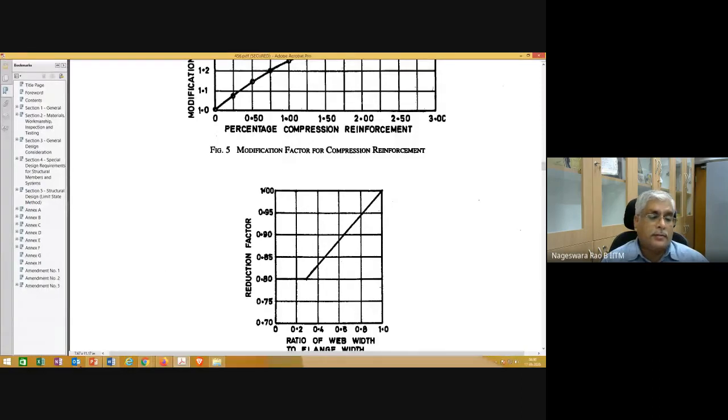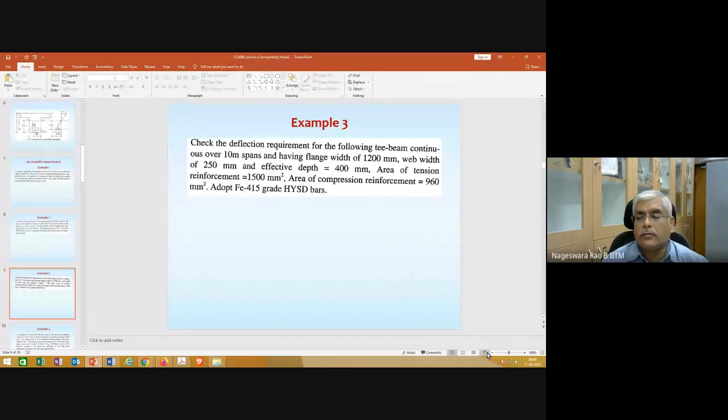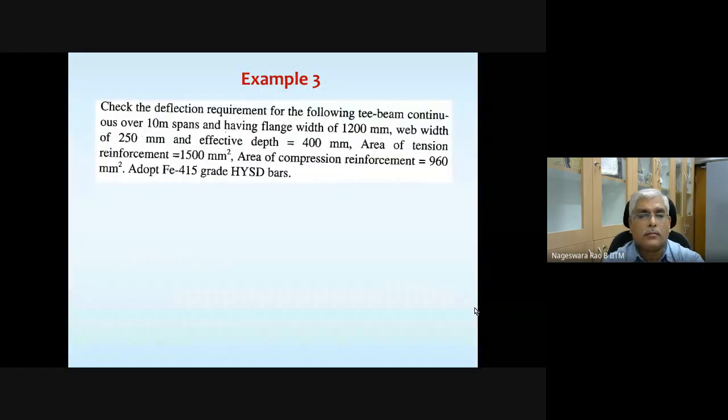Quickly, what is the value? What is the L by D limit as per the code?